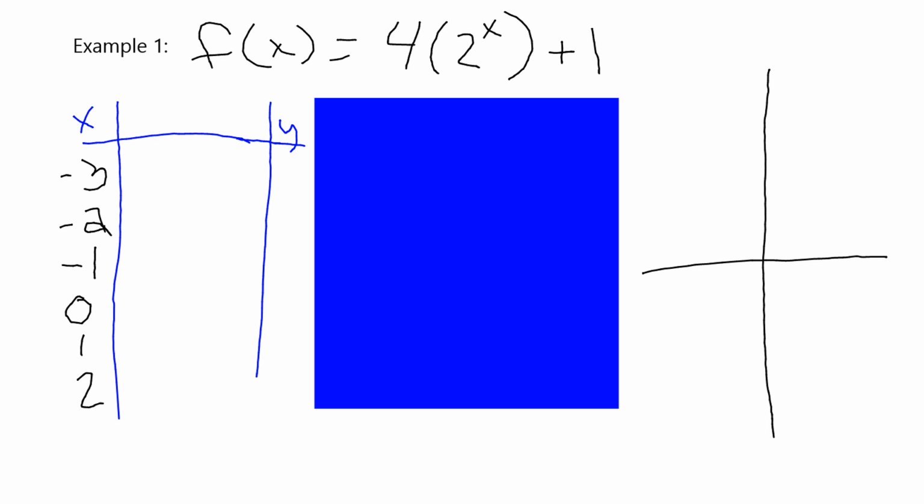Sometimes I set up my table like this so that you can do the work in the middle when it breaks down, once you break it down far enough. So I'm going to go ahead and substitute this in. I'm going to have 4 times 2 raised to the negative third power plus 1.